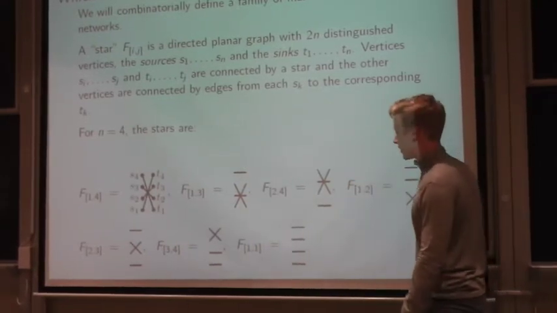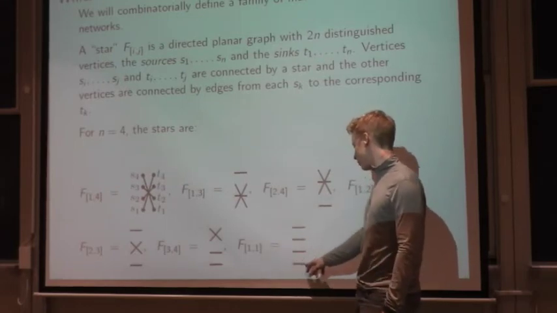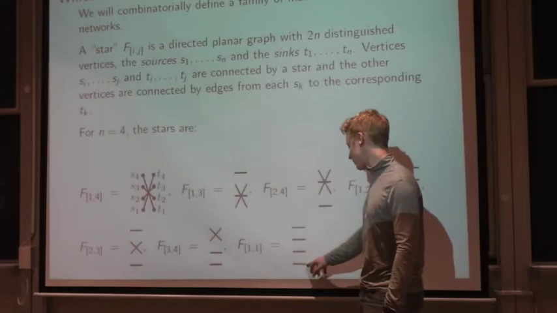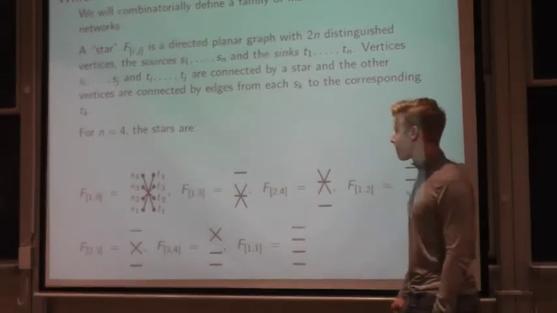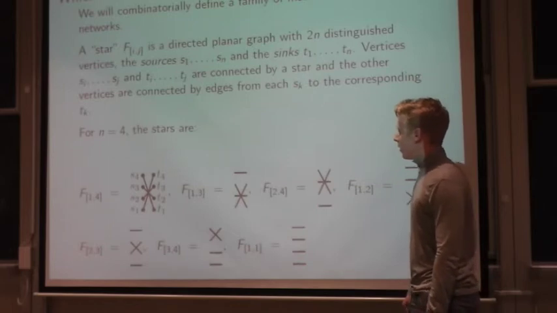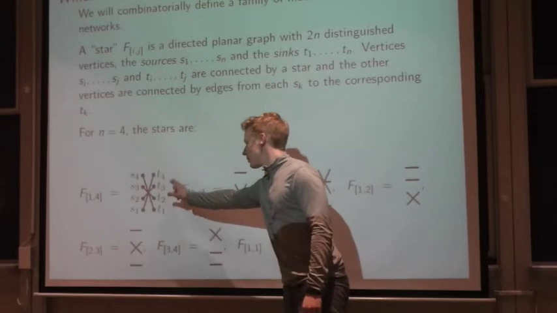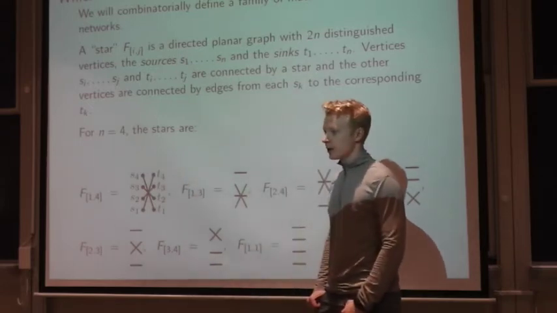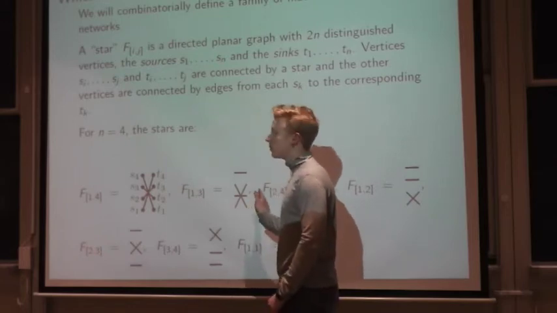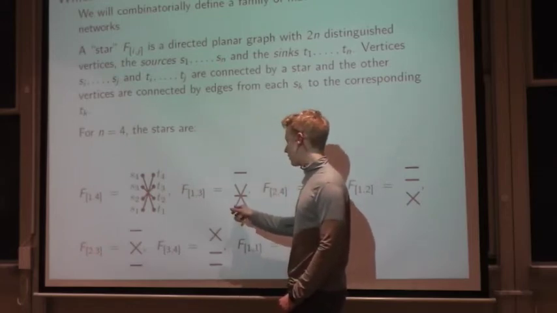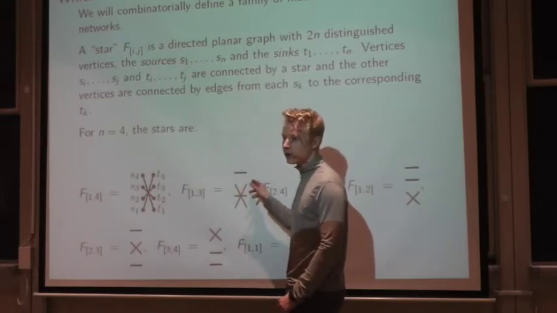So we have F11, meaning source 1 and sink 1 are connected by a sort of trivial star, and then all the others are just connected by edges. A couple of things I want to point out. I'm going to be dropping these vertex labels for the rest of the talk. You can always assume that in these pictures, on the left we have vertices labeled S1 through Sn, and on the right we have vertices labeled T1 through Tn.